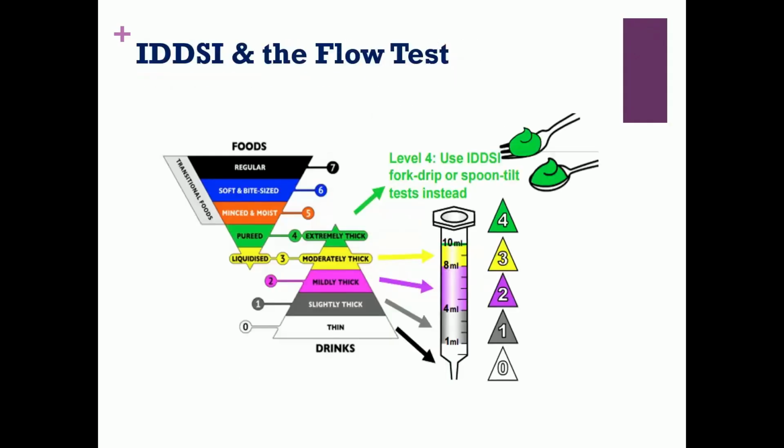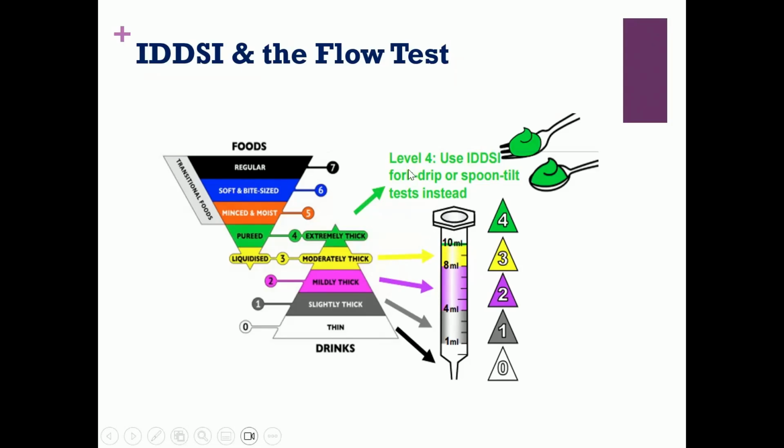So again, following on from IDDSI, what we used to call the different consistencies was really very, very confusing. And the team that devised the IDDSI levels worked out that actually the easiest way to confirm the preferred consistency that we want to give a child is using what we call the IDDSI syringe flow test.